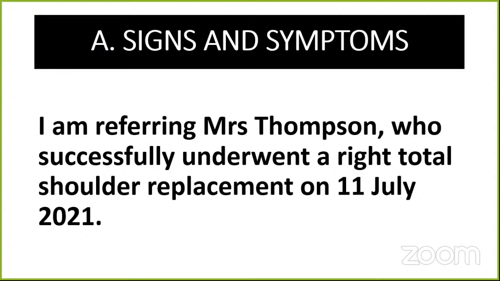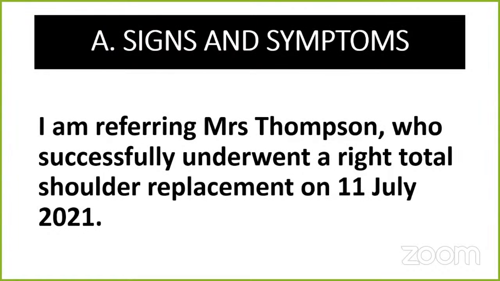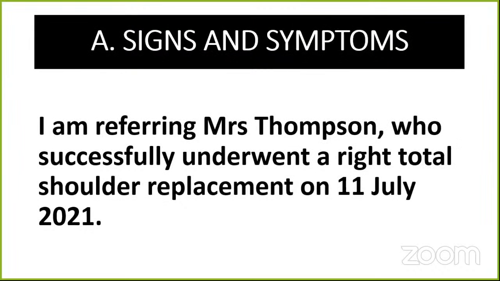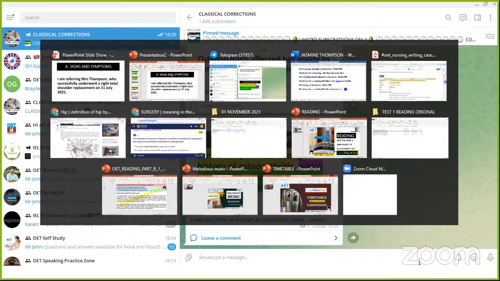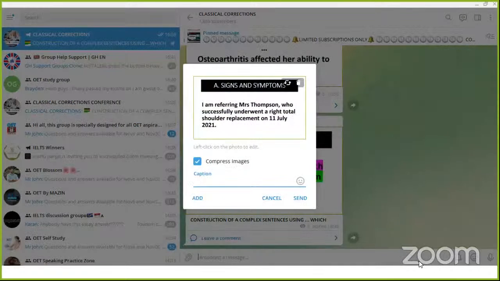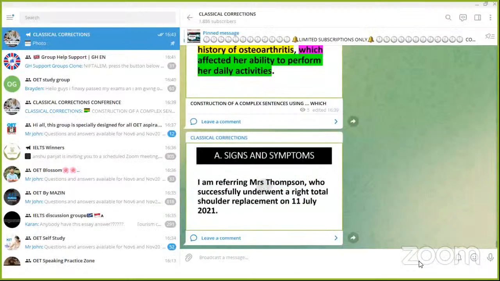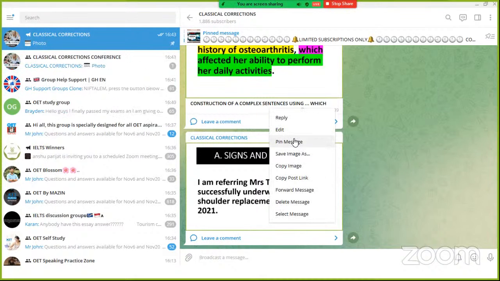This is a good sentence. It's a B plus sentence, B plus, but not A, because it is in active voice. I am referring. I is not needed. I we are using. Thank you. You we are using. So when you use I and we and you, okay, this is a referral letter. Whenever you are writing referral.